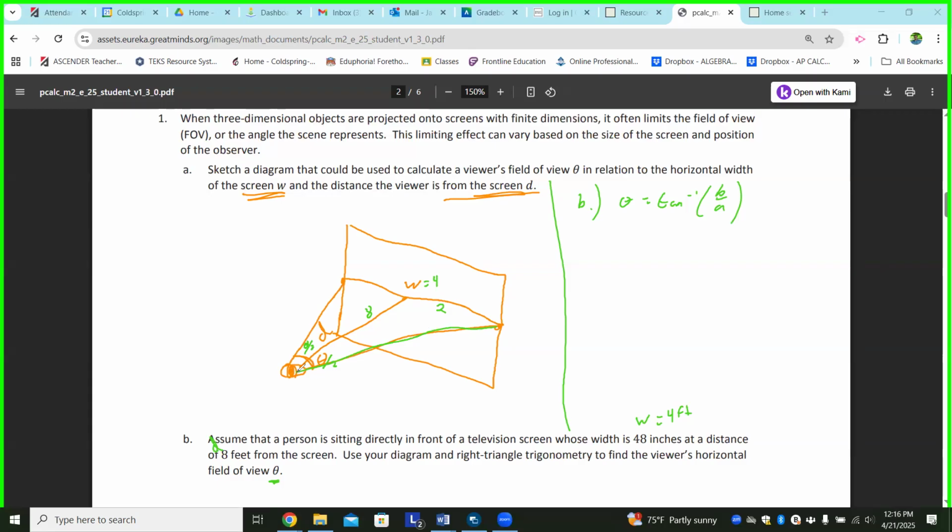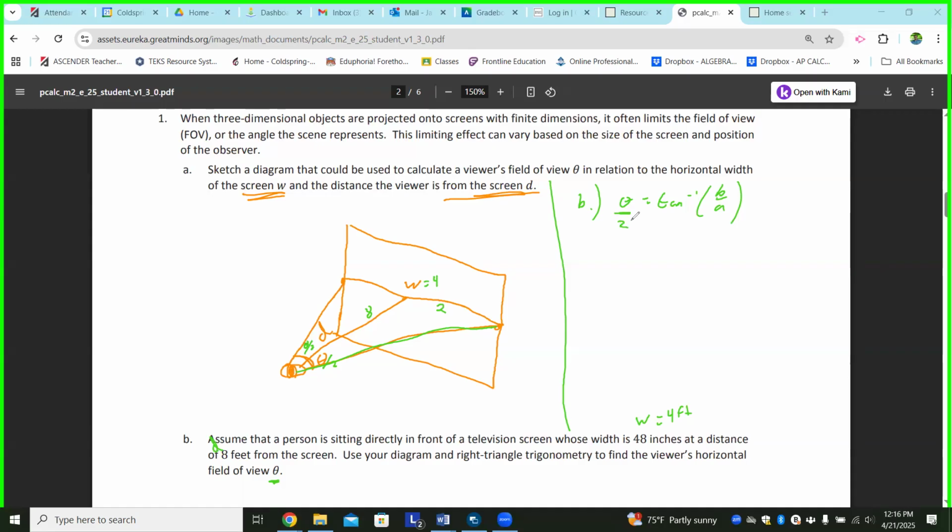All right. So we could do the whole square root of a squared plus b squared to calculate what that angle would be. But I mean, not the angle, the side or the distance from this side of the screen to your eyeball here. But since we're looking for the theta, this again would be the theta divided by 2. So for our tan inverse, that is the theta we're looking for.